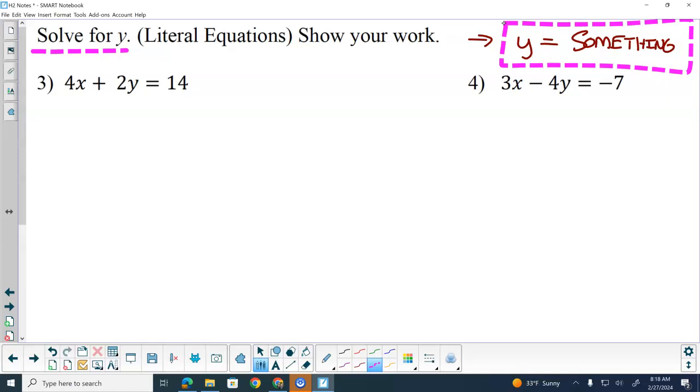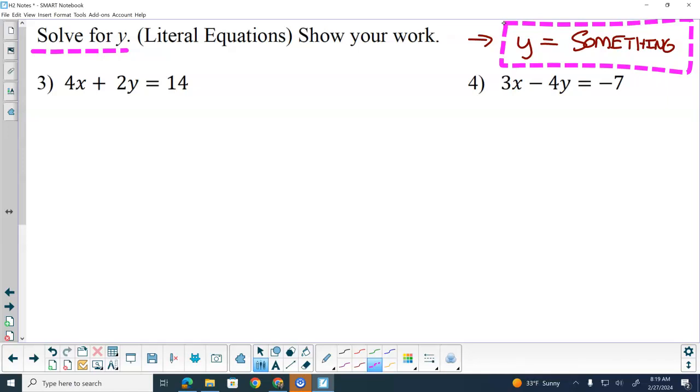If I want to get y by itself on the left side, what is going to be my first step? No. Because what comes first in my steps? Add and subtract. So I have to add or subtract something. What is that something, if I want to get y by itself?